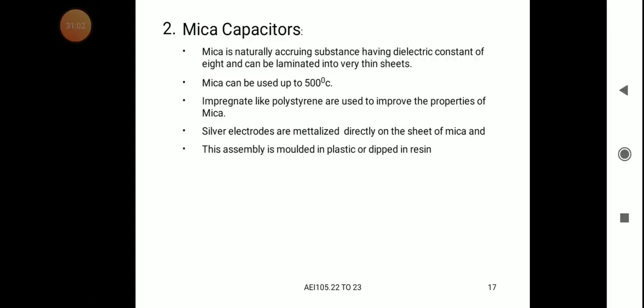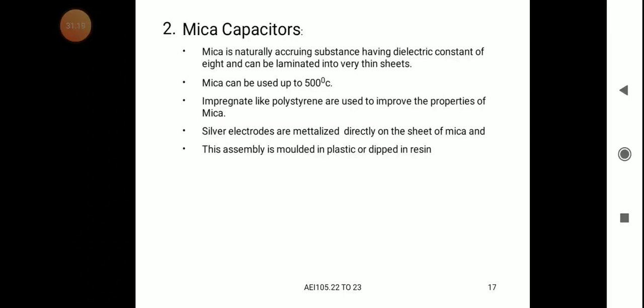Silver electrodes are metallized directly on the sheet of mica, and this assembly is molded in plastic or dipped in resin. So we make the mica capacitor.